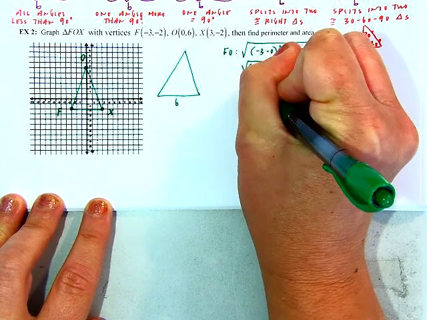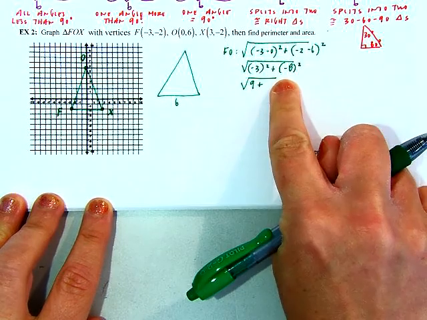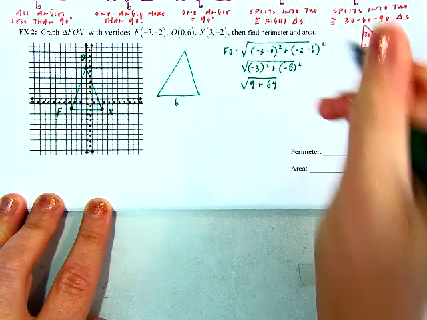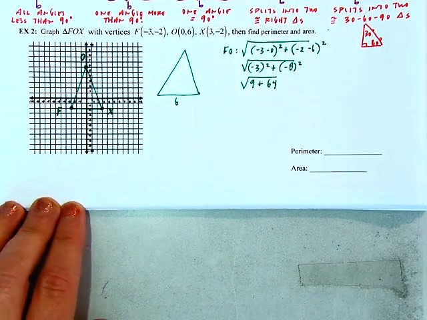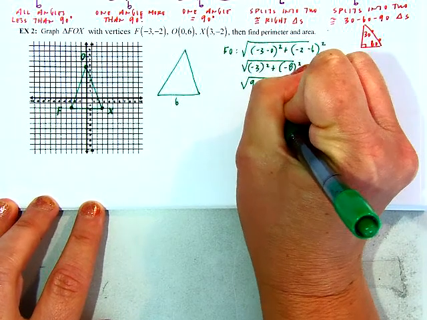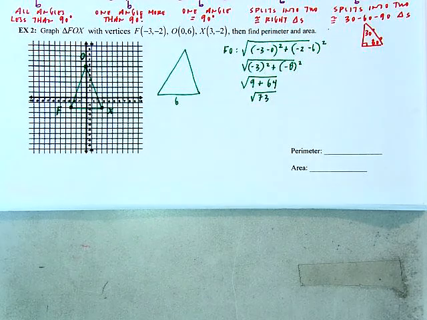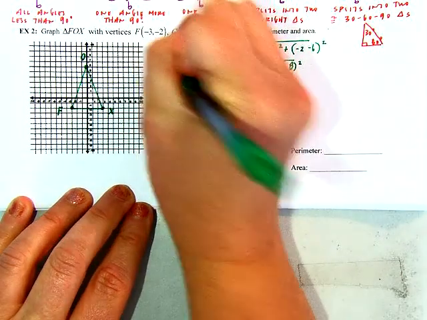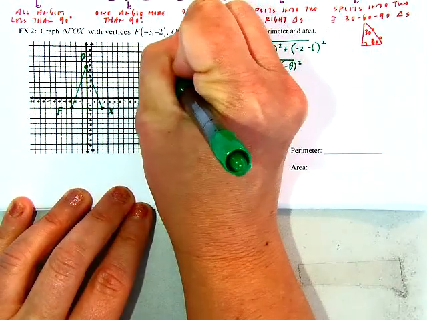So I have 9 plus 64, which will get me 73. And 73 is not going to simplify, so I'm just going to leave that as is. So this measure is square root of 73.